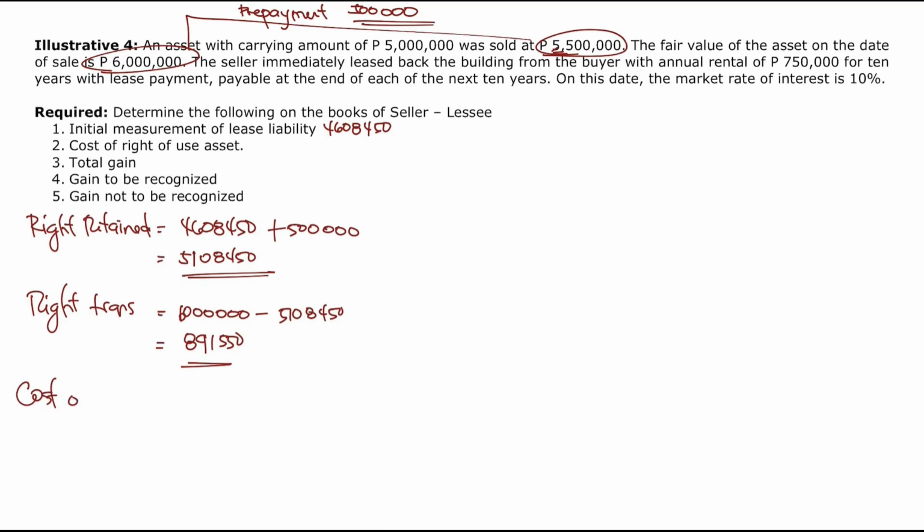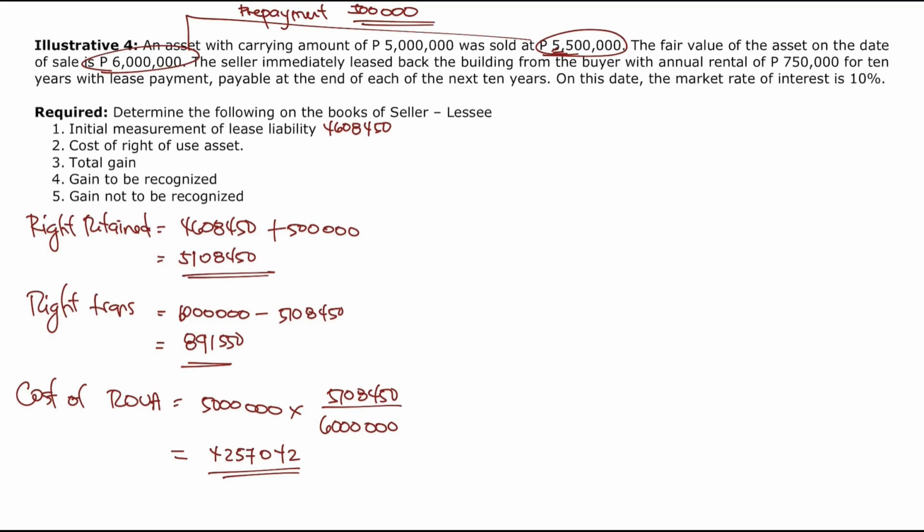Now, compute natin yung cost of ROA. Cost of ROA will be equal to the carrying amount of 5 million pa rin po times the right retained of 5,108,450 divided by the total fair value of 6 million pesos. 5 million times 5,108,450 divided by 6 million is equal to 4,257,042.